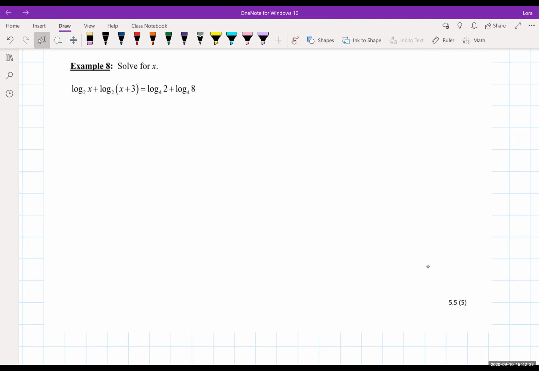You'll notice that when you play with this type of log equation, the logs are on both sides. So at this moment, it's a type 2 log equation. With a type 2 log equation, before we try to solve everything, we want to ask, how about if we condense them to single logs?